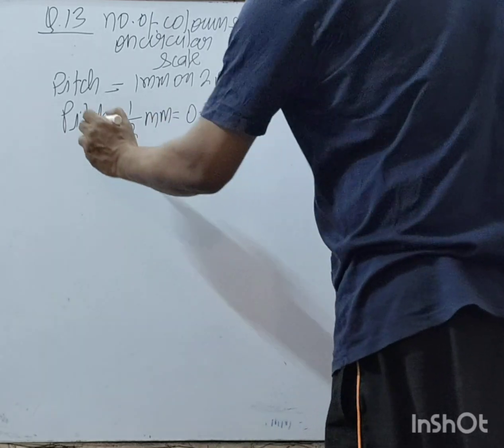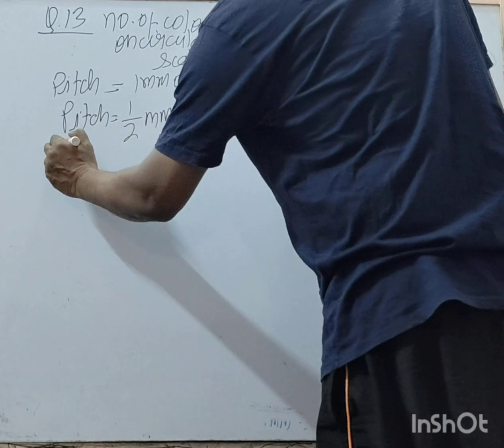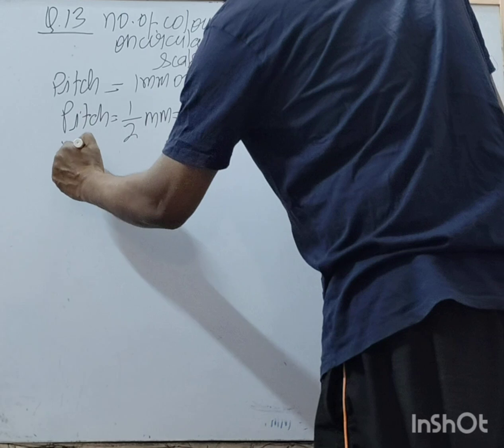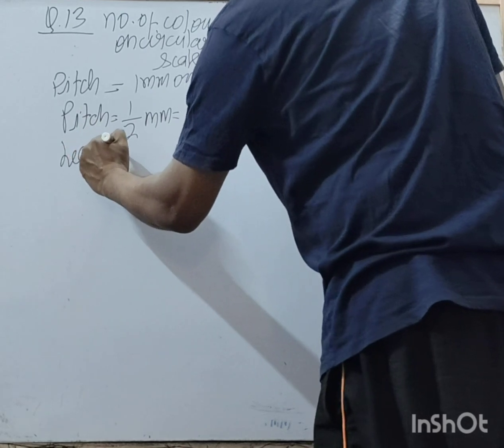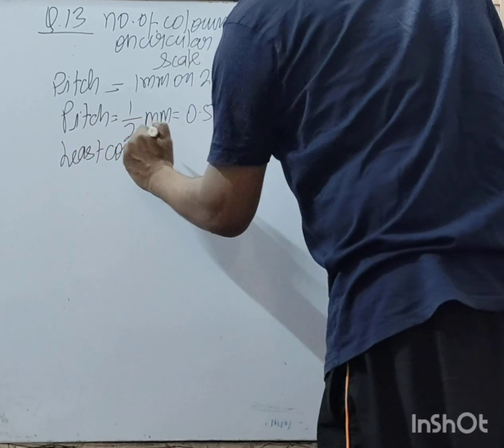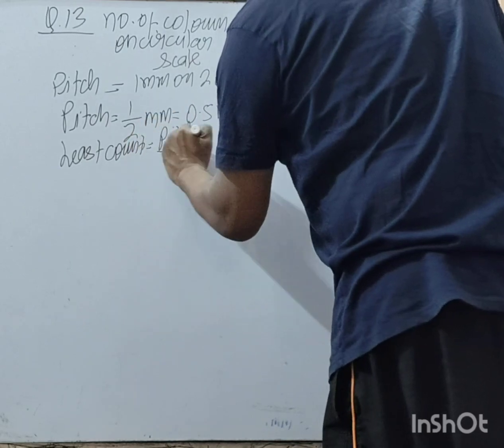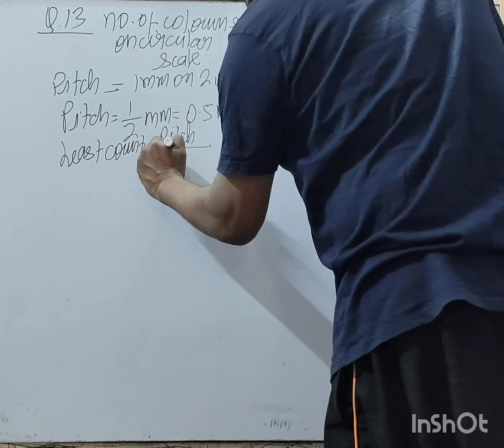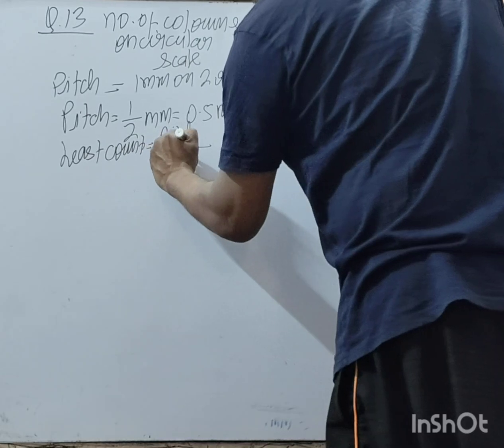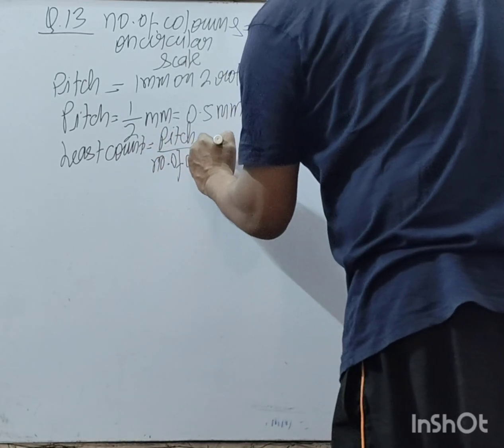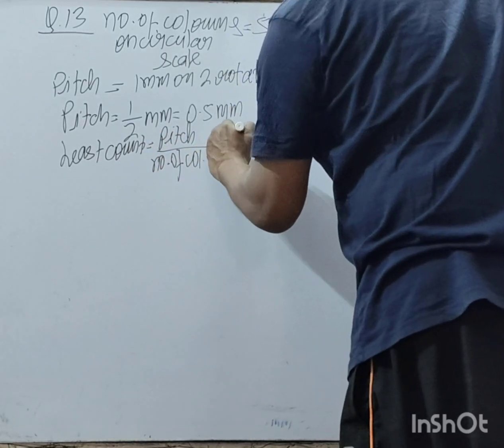This is the pitch. Now least count is equal to pitch upon number of columns on circular scale.